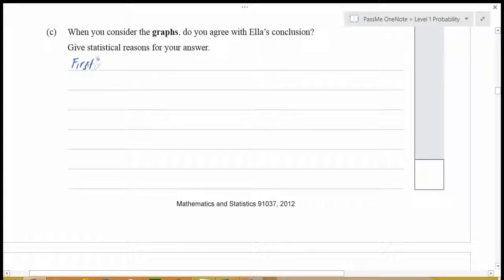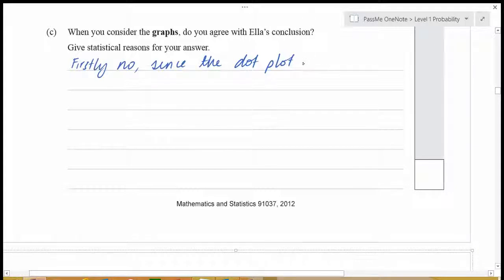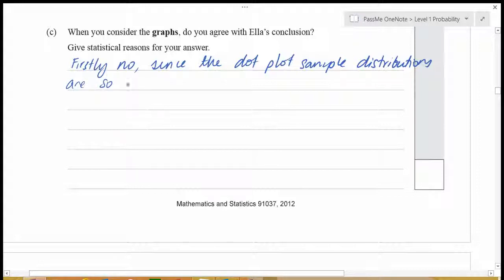Firstly, no, since the dot plot sample distributions are so similar that we cannot make a certain call.